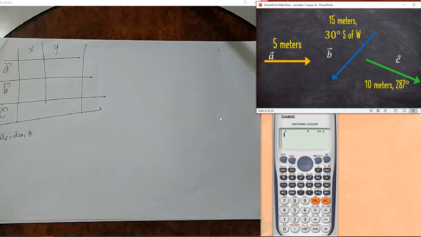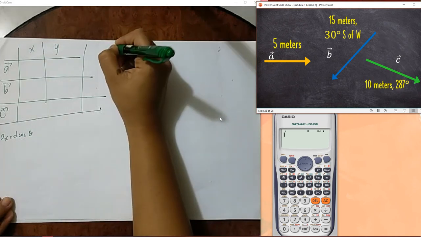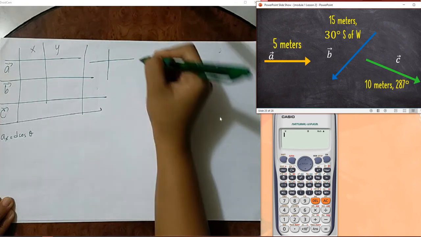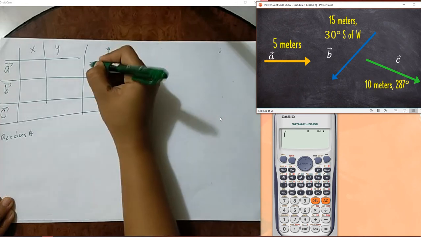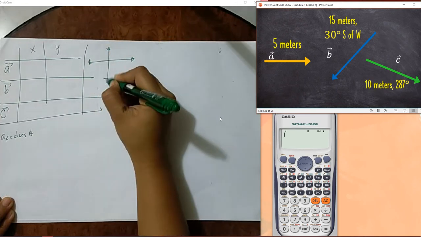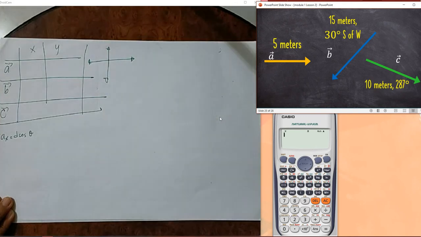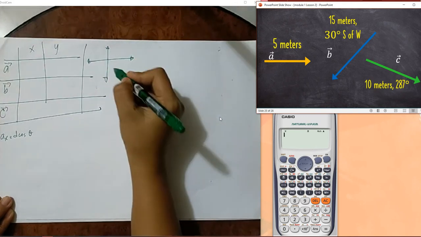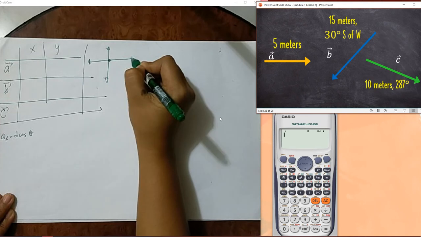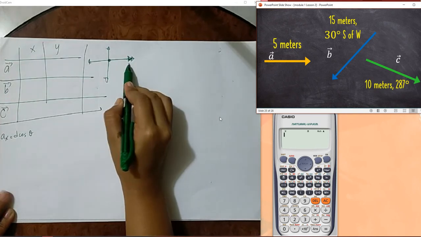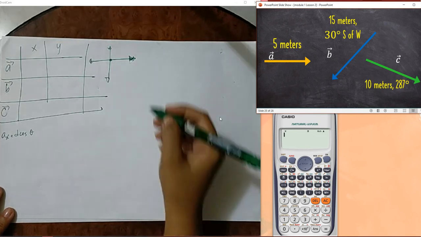Now, paano ba yan yung ating vector A? Ilan ba yung or how much ba yung angle ng ating vector A? So this is for the vector A. So this is directed east. So let's say from here, papunta siyang east. So eto na yung vector A natin. Eto siya. So, ilang degrees ba yung meron sa east?